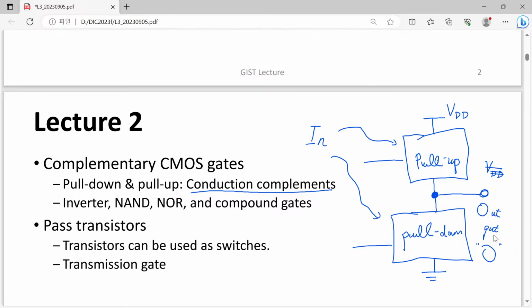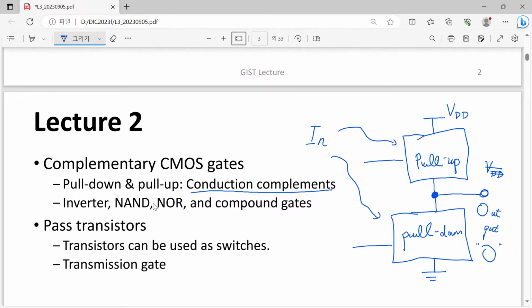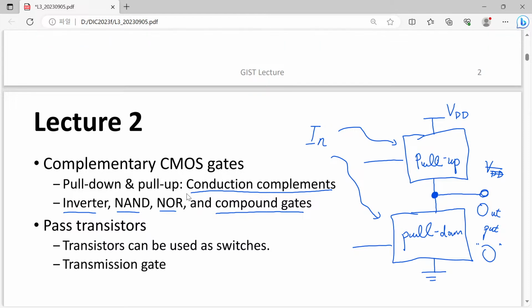Following this, we can build many different logic gates like inverter, NAND, NOR, and any kind of logic function can be implemented by taking this complementary CMOS gate style. Okay, so that was the first one.